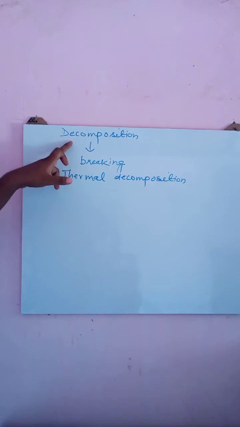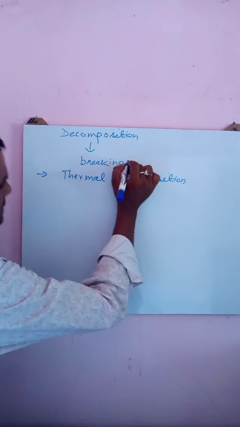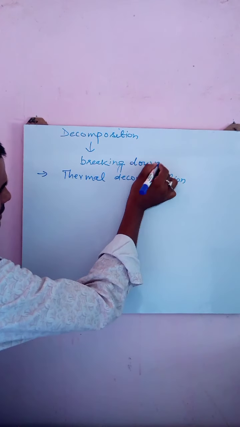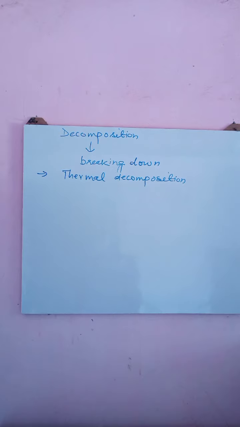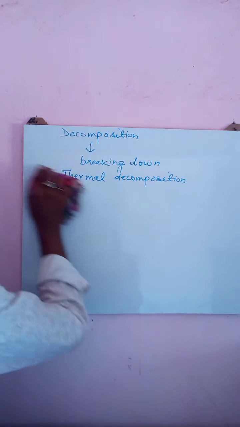The term decomposition means breaking down. It means breaking down of any substance in the presence of some source of energy. That source of energy may be heat energy, light energy or electrical energy. So when any substance undergoes breaking down in the presence of some source of energy, it is said to be a decomposition reaction.